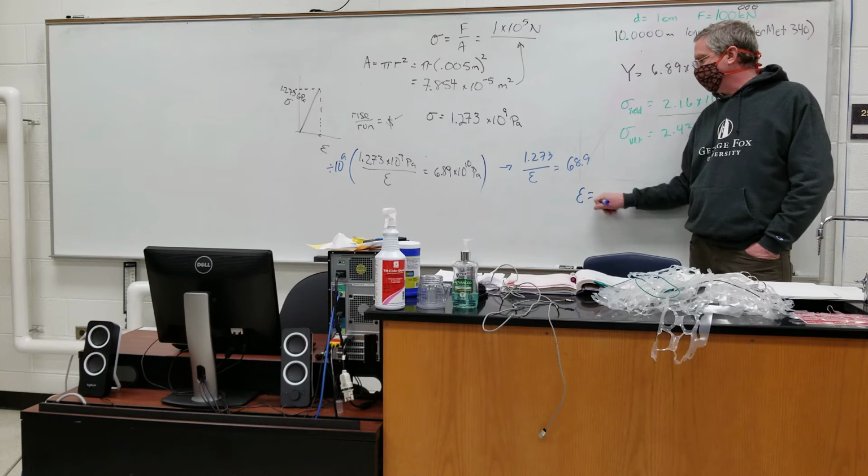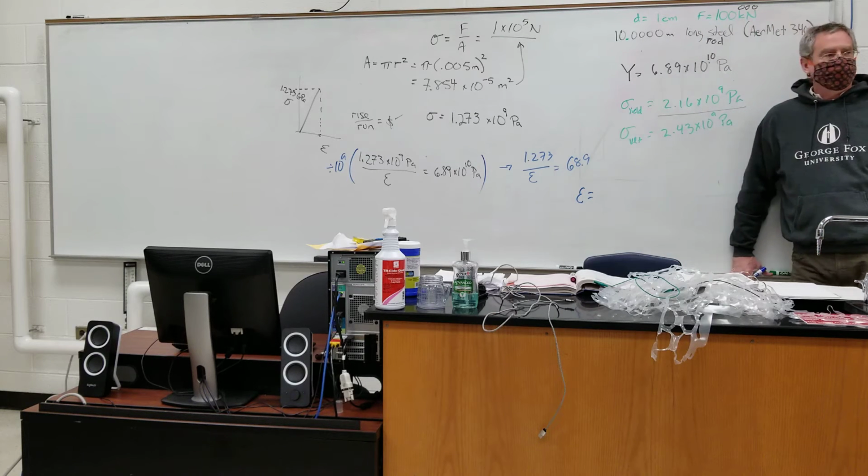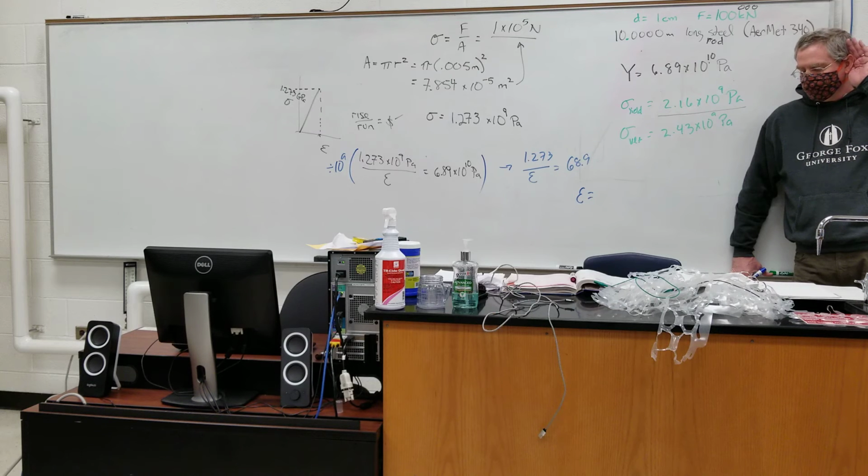How do you solve for epsilon? You divide. Divide 1.273 by 68.9.